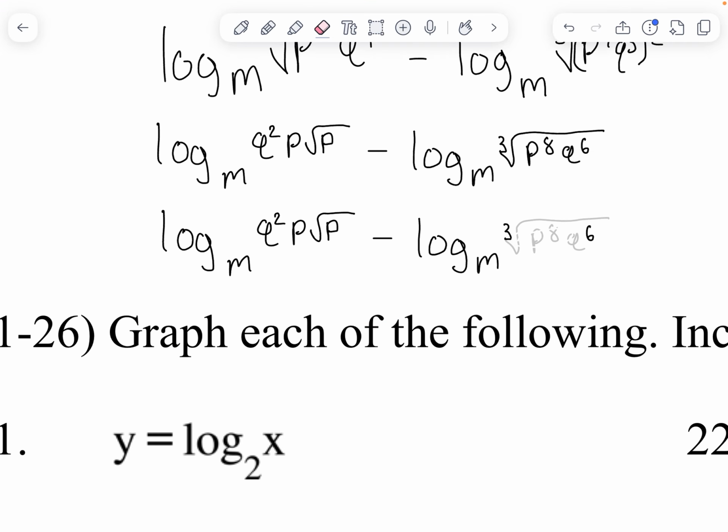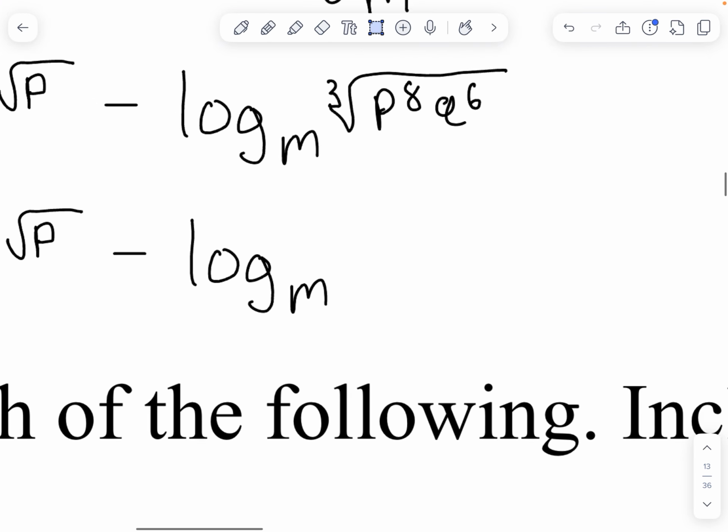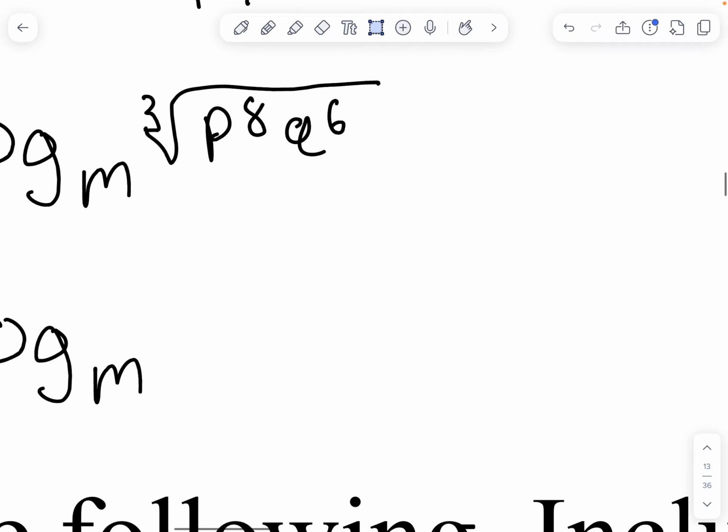So this becomes p to the power of 8. So 6 divided by 3 is 2.